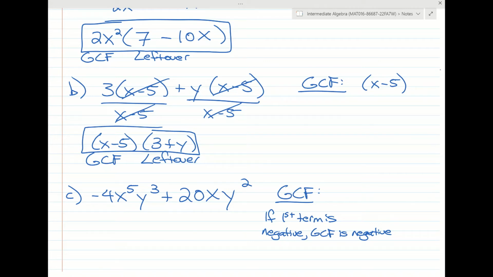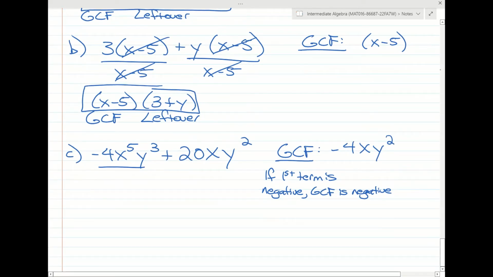Right, so it looks like we definitely have -4x to the first, y to the second as our GCF here. Because the first term is negative, the GCF is negative. 4 is the biggest number you can divide into 4 and 20.